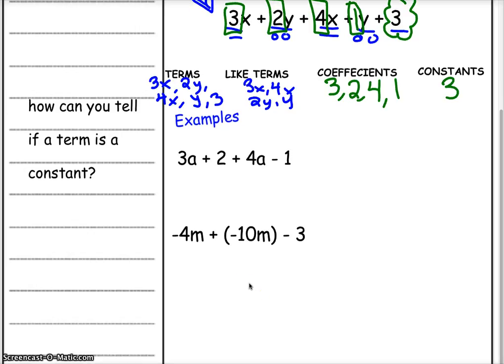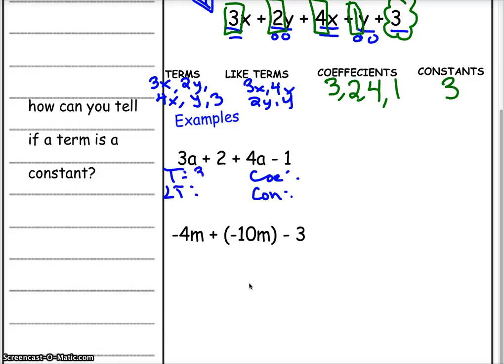Okay, in your homework, you're going to be asked to identify parts. I'm going to go ahead and identify the terms, the like terms, the coefficients, and then the constants. I'm abbreviating because we don't have much space. Terms, parts.